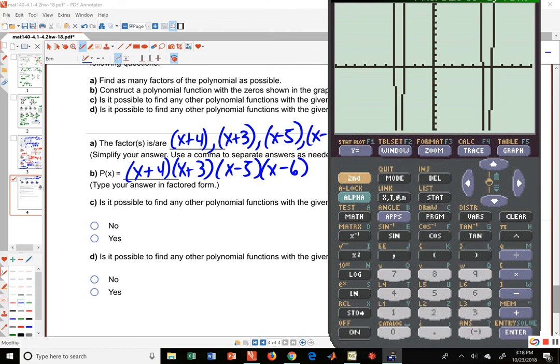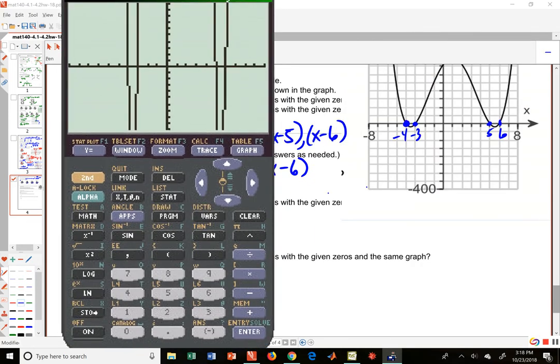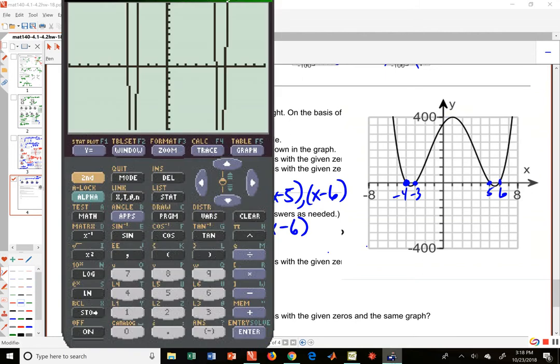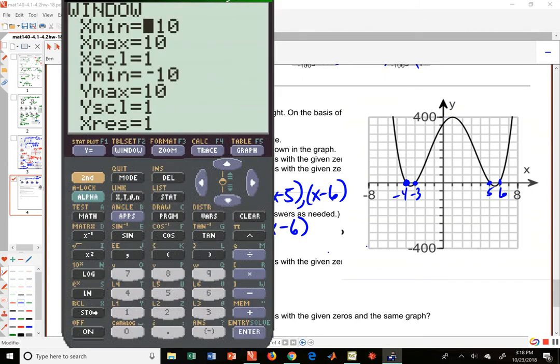So it's not looking great right now as far as the window, but remember their axes are -400 to +400. Ours are not that at all. So our x min, x max is -8 to 8, and then they've got this crazy y min of -400 and a positive y max of 400. The x scale looks like it's about 25 apiece.